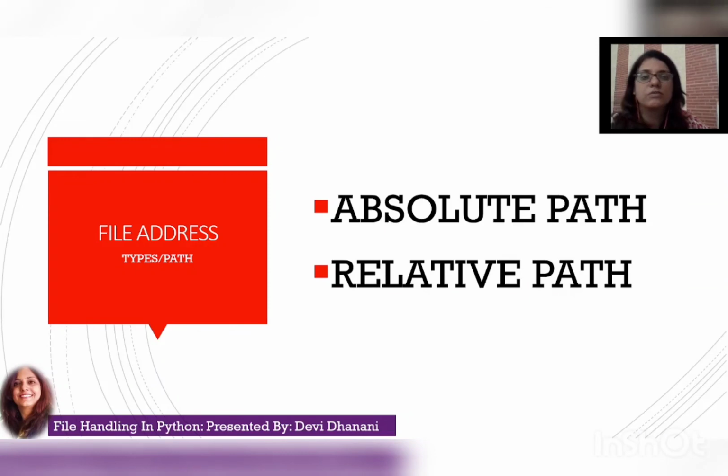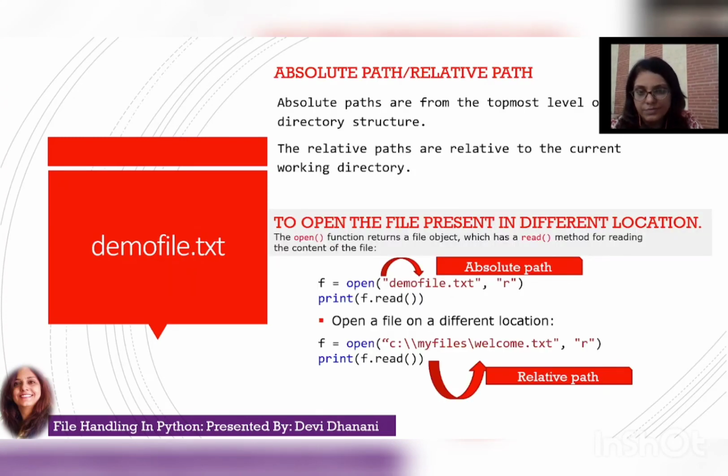Next we will discuss the absolute and the relative path. So path is the location or the place where the particular file is stored. We can specify two types of paths over here, the absolute path and the relative path. You must have noticed that we have simply specified demo file.txt as the file path over here. This is called the absolute path.